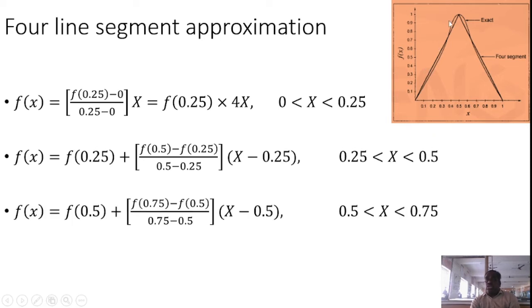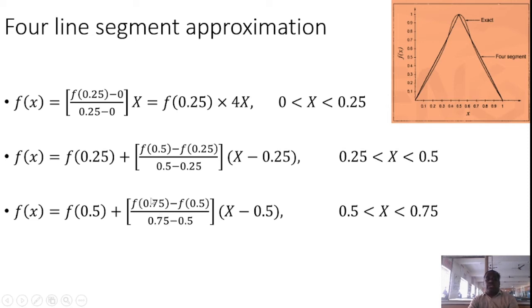After that, the third line is also available. So what about the third line segment? The third line segment starts from 0.5 and ends at 0.75. So the boundary condition is 0.5 less than x less than 0.75. Here, how can I represent the approximation equation? F of x is equal to the starting point of the third line segment, 0.5, so f of 0.5 plus the ending point of the third line segment, 0.75, so f of 0.75 minus f of 0.5 divided by 0.75 minus 0.5.